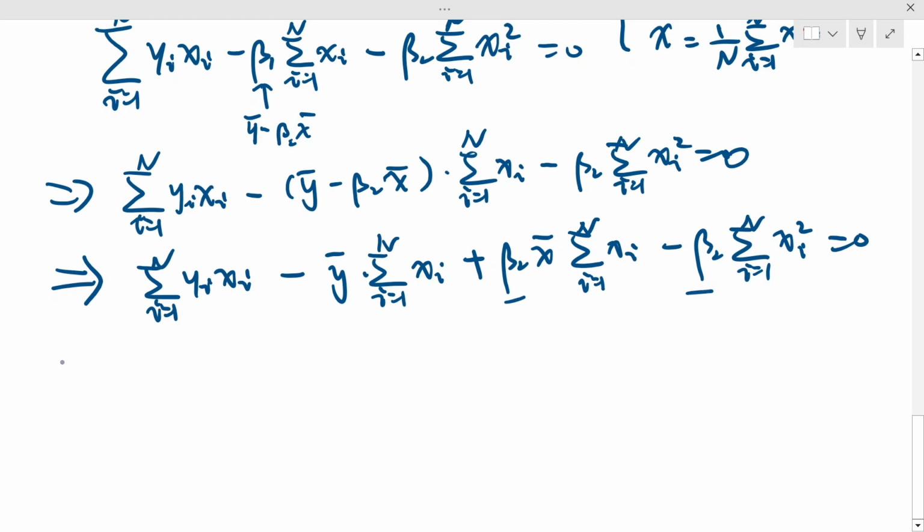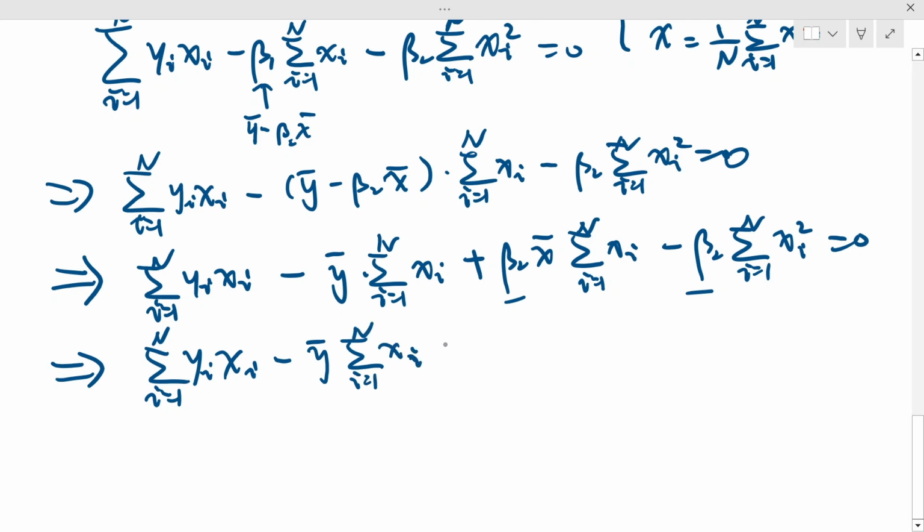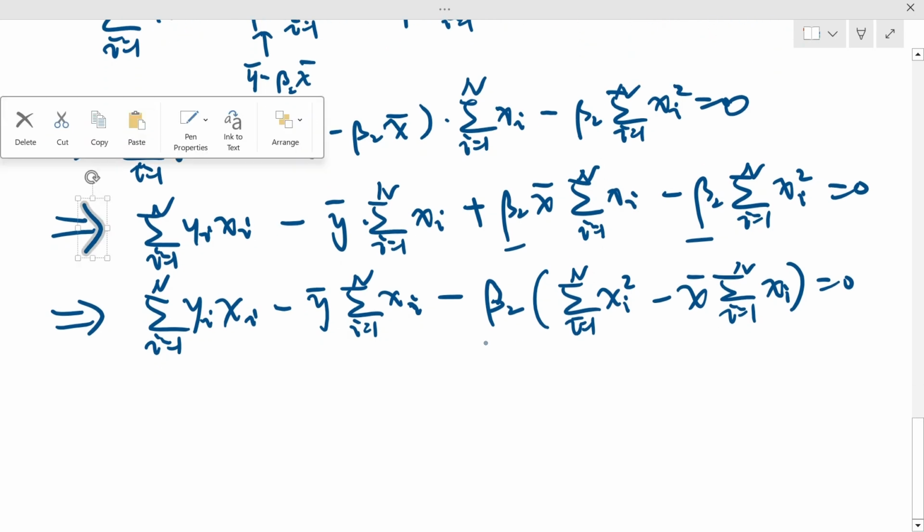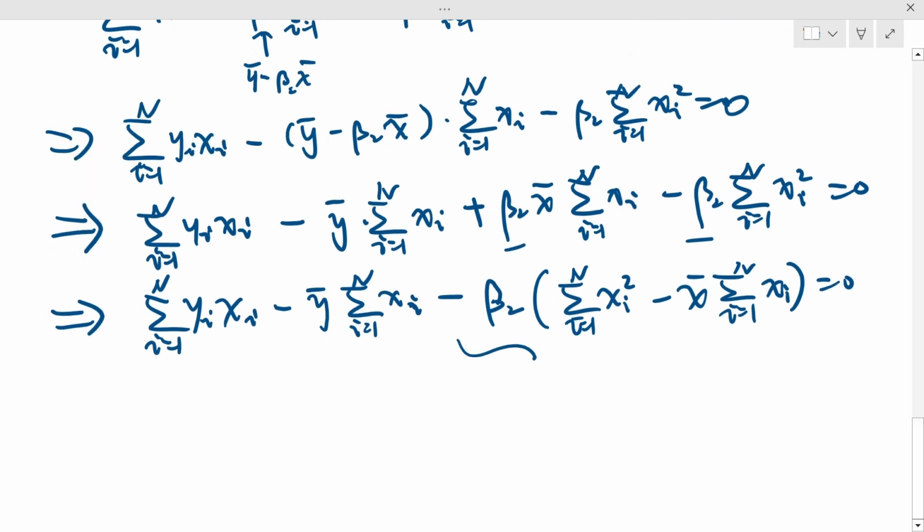Let's combine them. Move these terms to the other side.